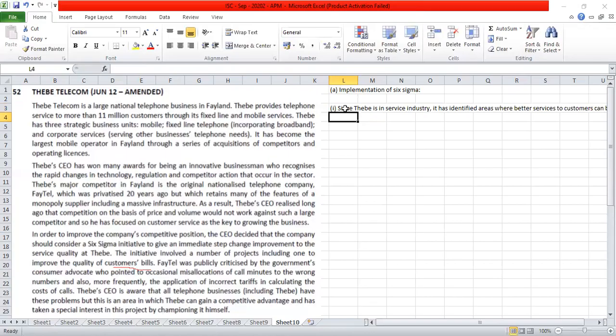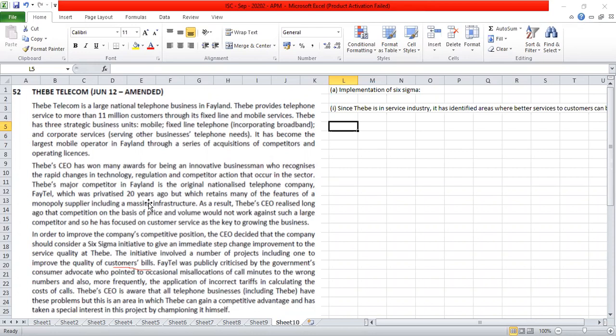So where did it find itself a place? They have identified the areas where services can be provided, and they worked in those areas. So they started working in those areas.